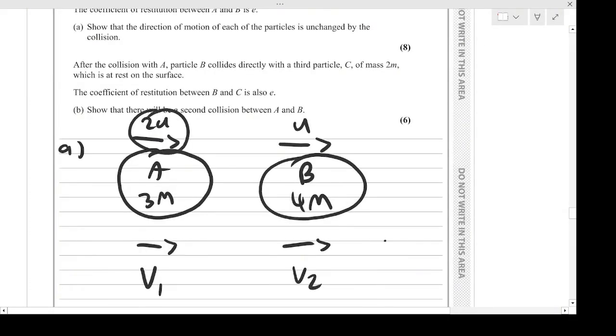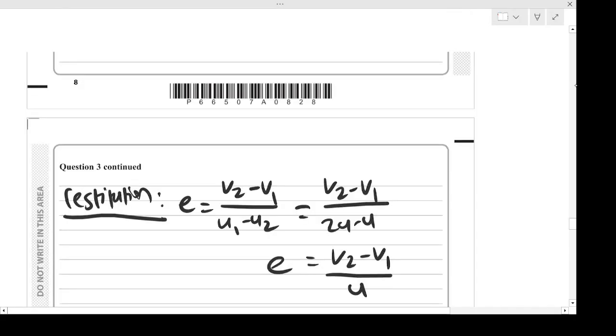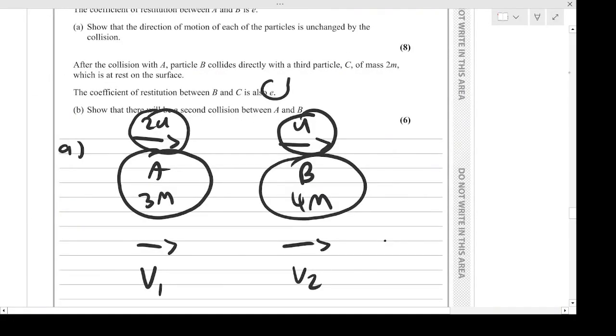U1's 2u and U2 is u, so it's 2u take away u. Now, again, direction would matter, but everything's moving in the positive direction, so we can just apply the formulas as normal. So that will simplify to V2 take away V1 over u. Now, I'm just told E is E, right? I don't have a number for it.